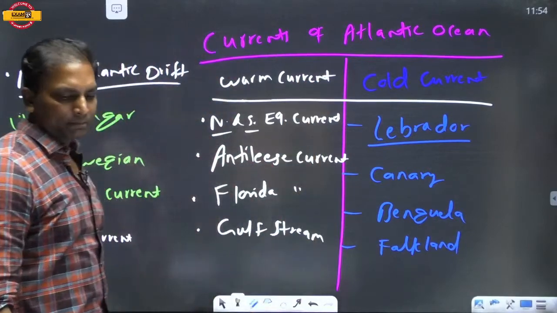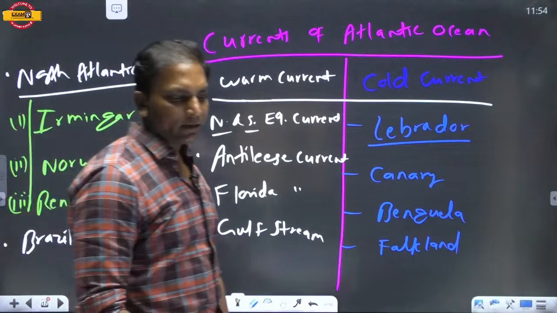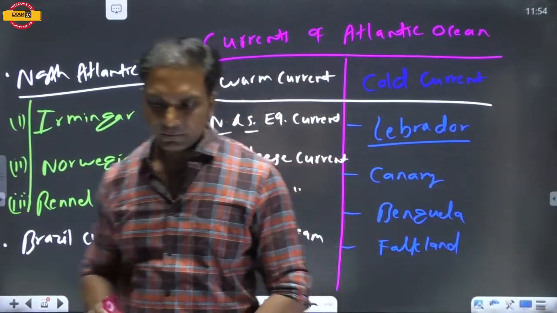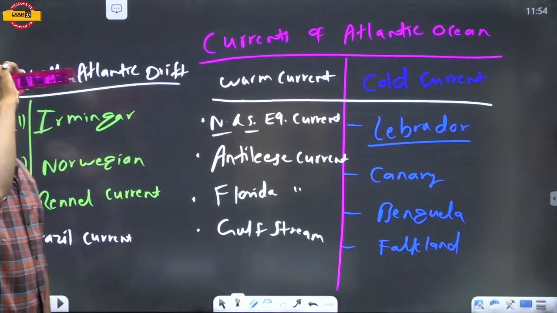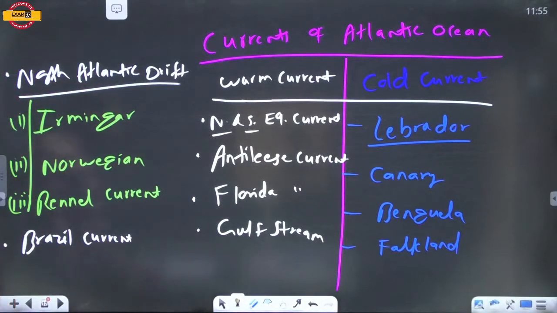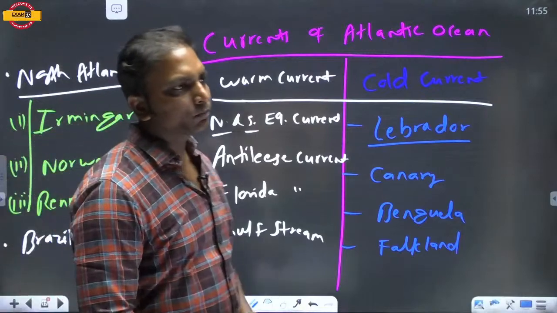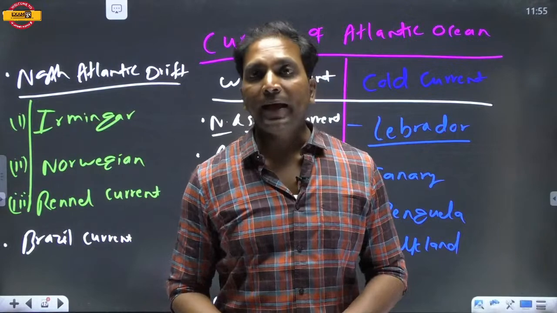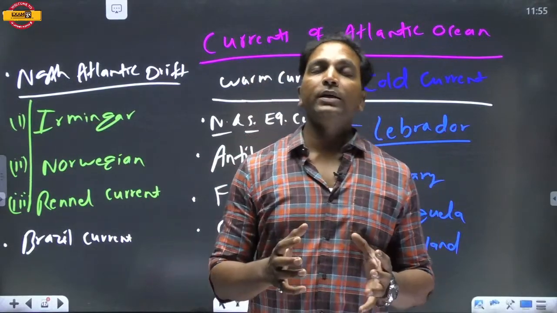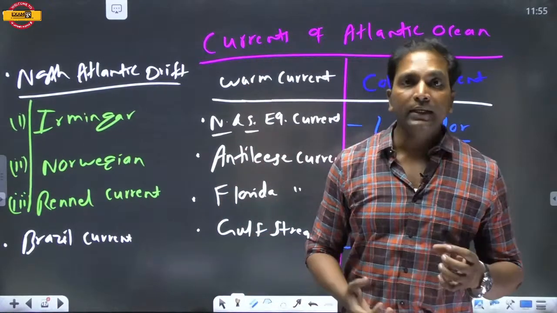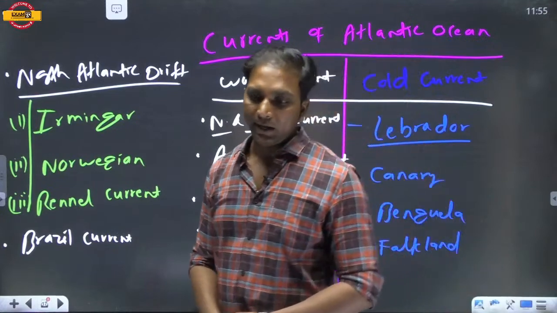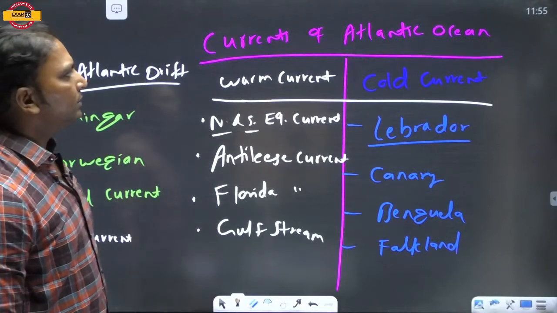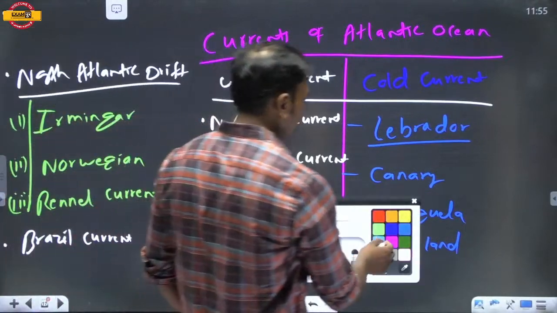Okay. Is it clear right now? Now we will discuss where they flow, what their impact is, and what special features are created by these currents. So firstly, write down these currents, and the most important is here.